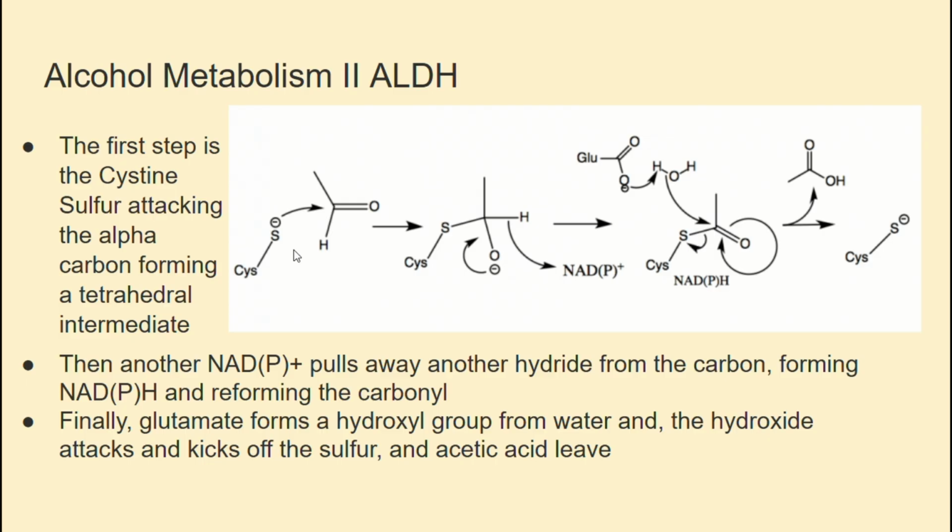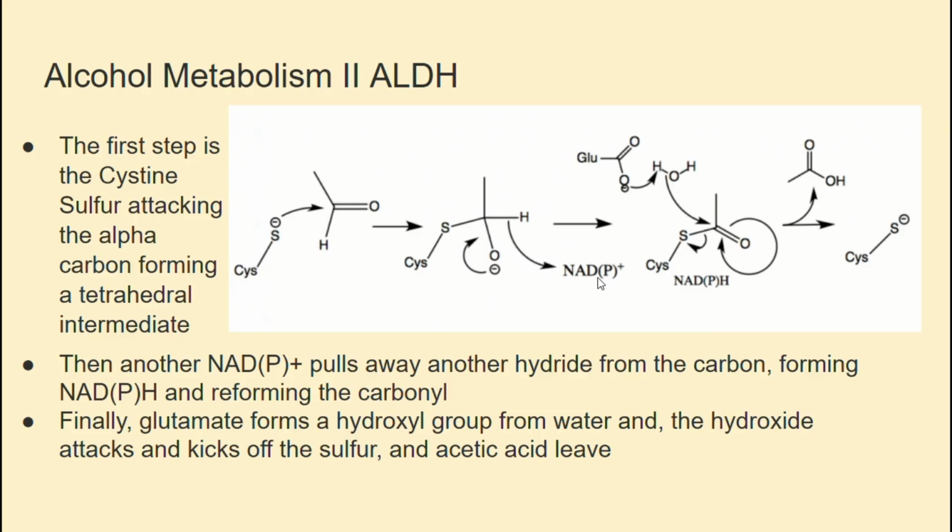So one of the cysteine residues in aldehyde dehydrogenase is going to attack this acetaldehyde. It's going to form a tetrahedral intermediate with the enzyme, and NADP plus is going to take away another hydrogen, to form NADPH.